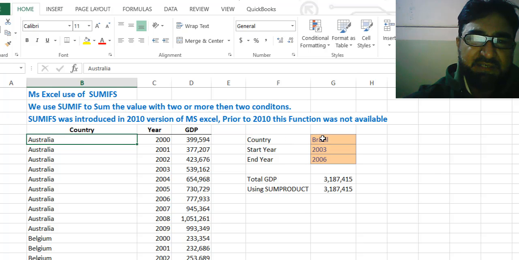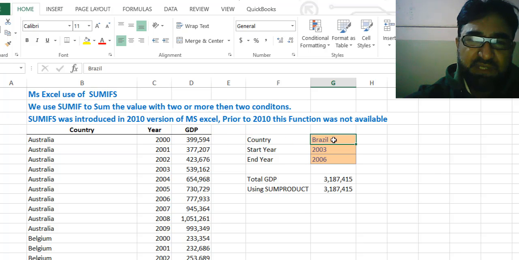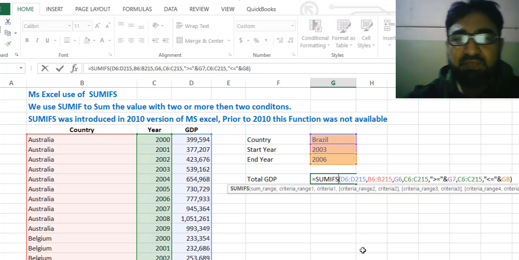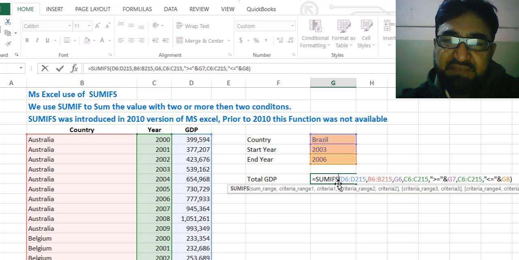We write here country, and we give the starting year and the end year of GDP. So in this formula we are going to use the SUMIFS function.